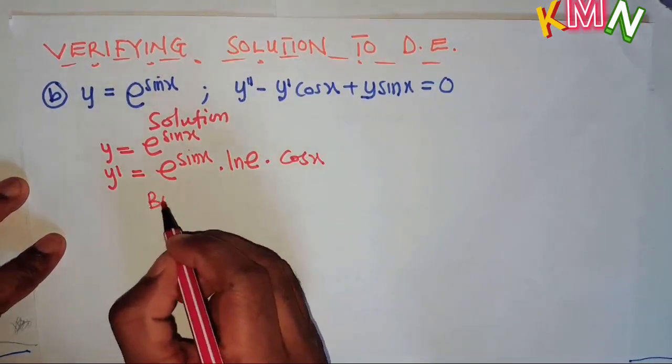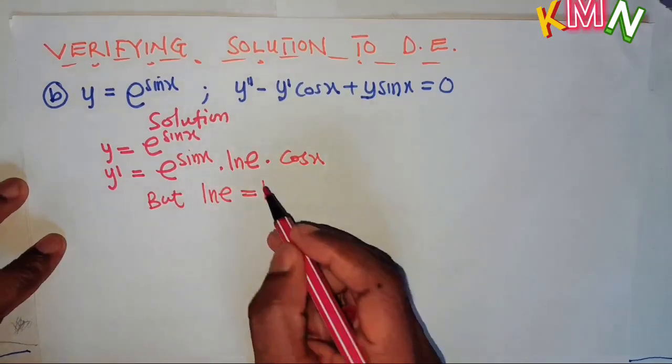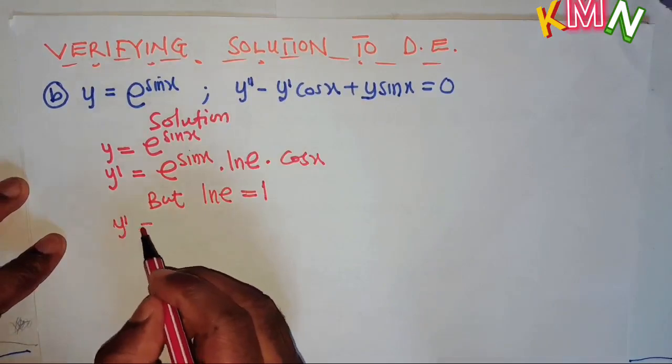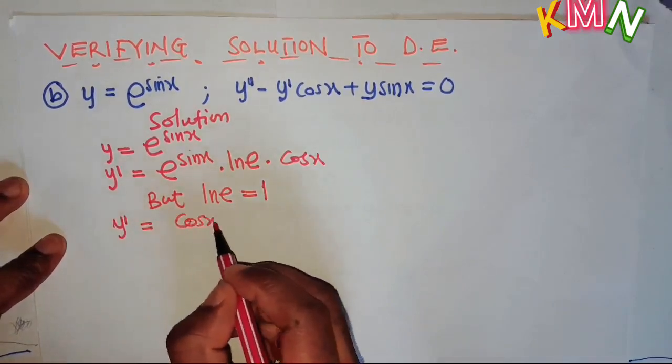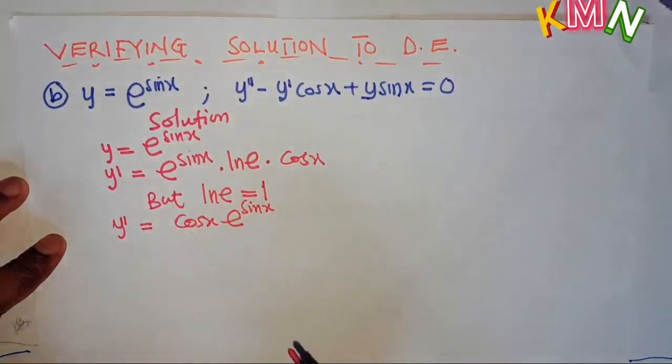Now we should know that ln e will give us 1. So if ln e is 1, then our y prime now becomes cos x e power sine x. So that's what we have.